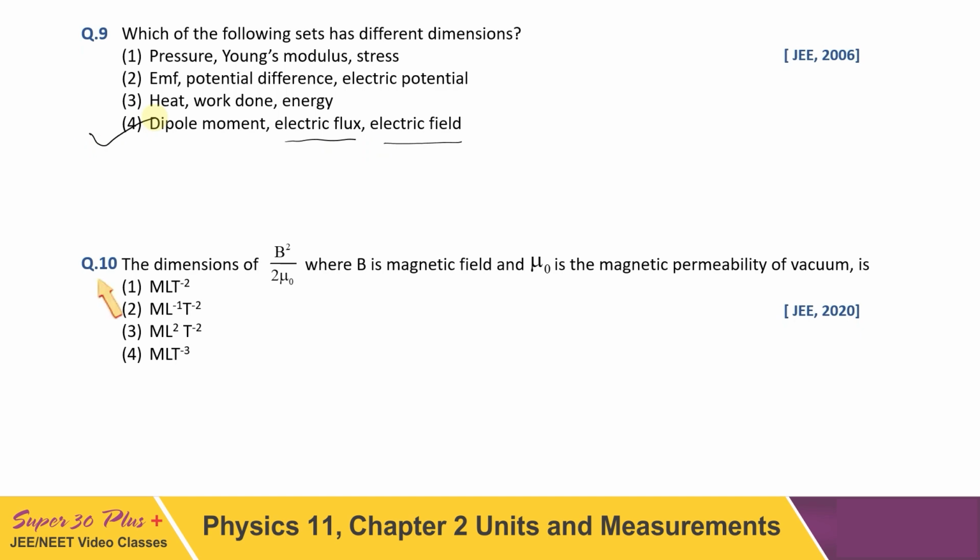Next comes question number 10. The dimensions of B square upon 2 mu naught, where B is magnetic field and mu naught is magnetic permeability of vacuum. If you can recall from the magnetism chapter, this is the energy density of a magnetic field.